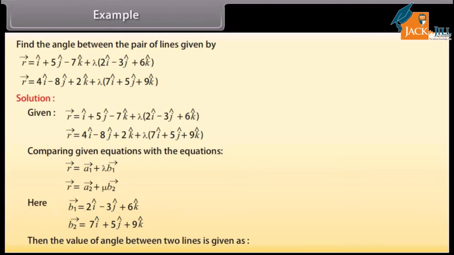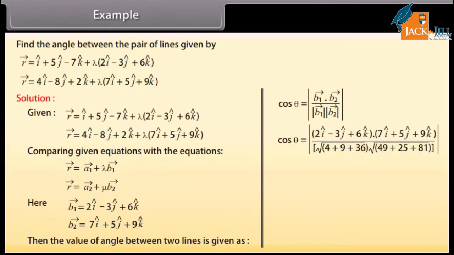Then the value of the angle between two lines is given as cos theta equals modulus of (vector b1 dot vector b2) by (modulus of vector b1 into modulus of vector b2). Cos theta equals modulus of the dot product of (2i minus 3j plus 6k) and (7i plus 5j plus 9k) divided by square root of (4 plus 9 plus 36) into square root of (49 plus 25 plus 81).